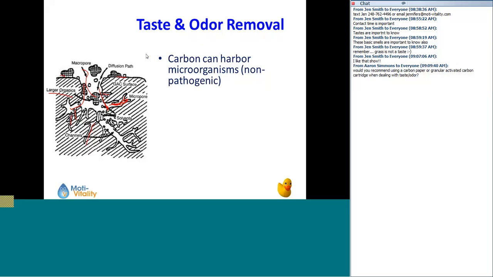Even though the carbon tends to foul a little faster in the pre-position, the reason they do that, especially if they have iron in the water, is that carbon tends to bind up iron in the system.